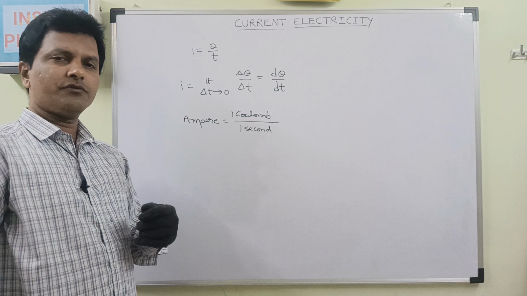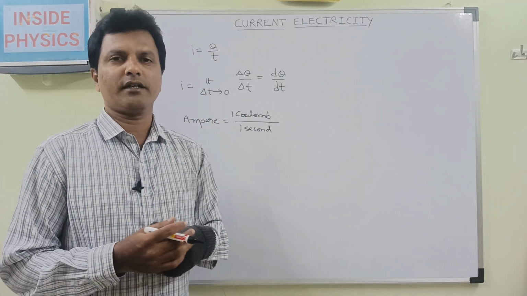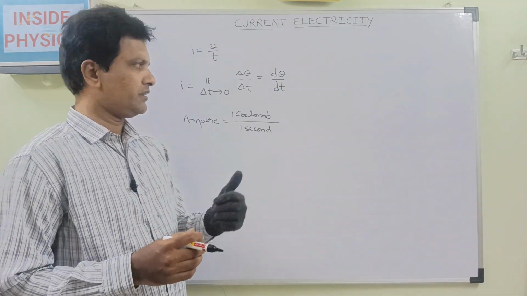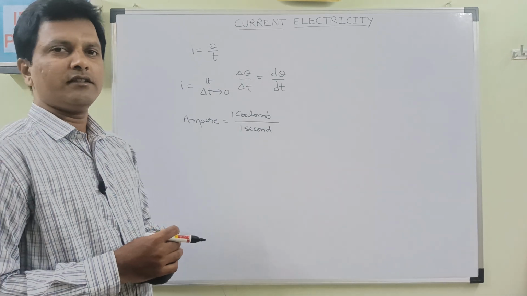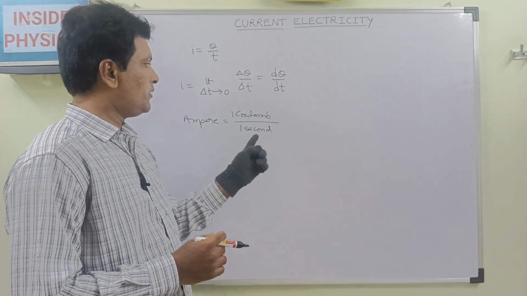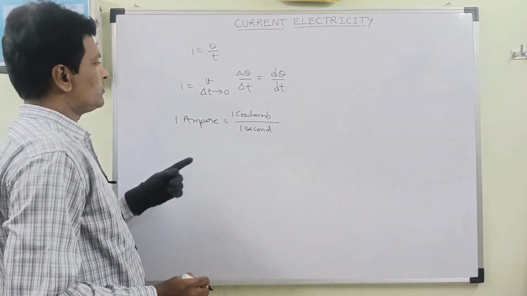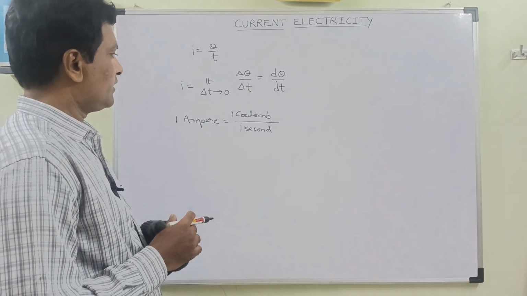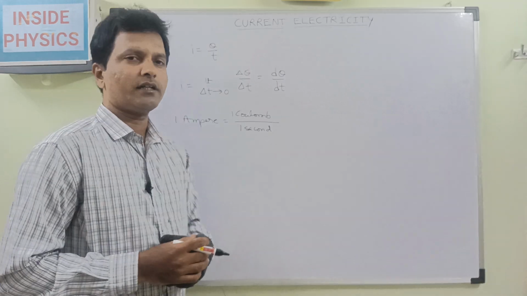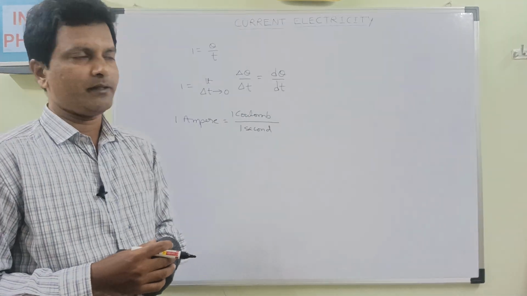If 1 coulomb of charge is flowing through a conductor of unit cross section in 1 second, that means flow of 1 coulomb of charge in 1 second is called 1 ampere. So the unit of electric current is ampere.